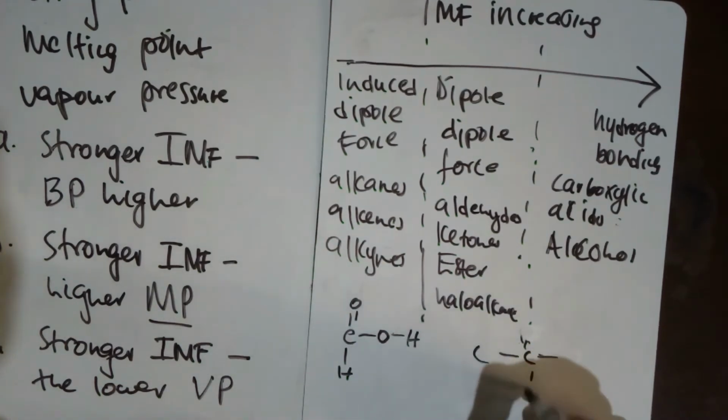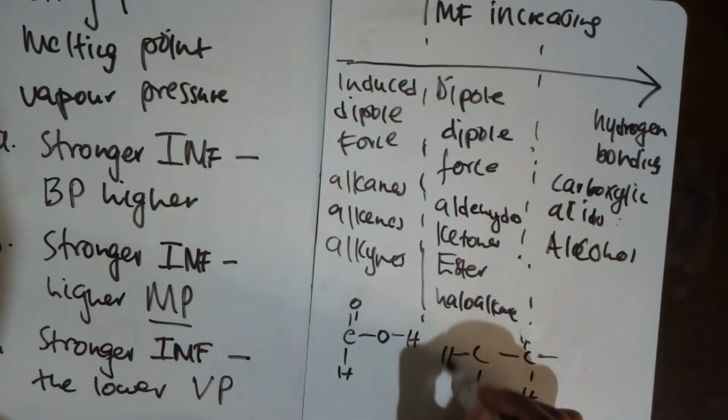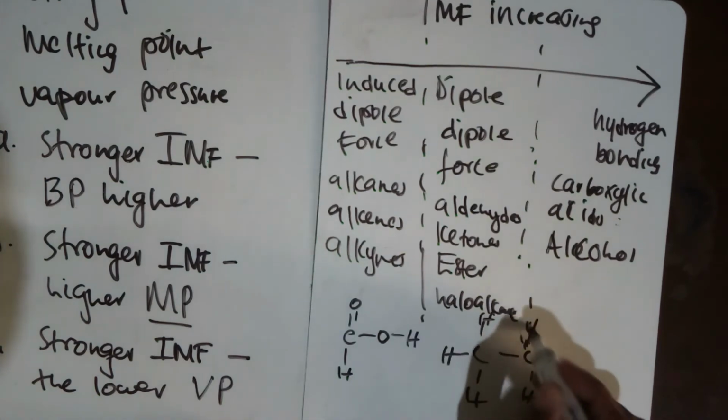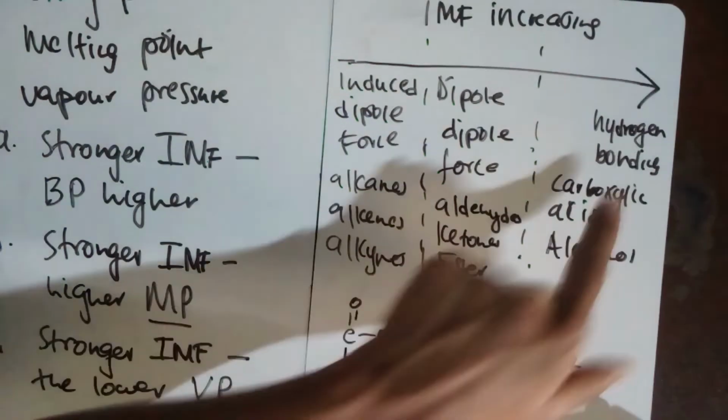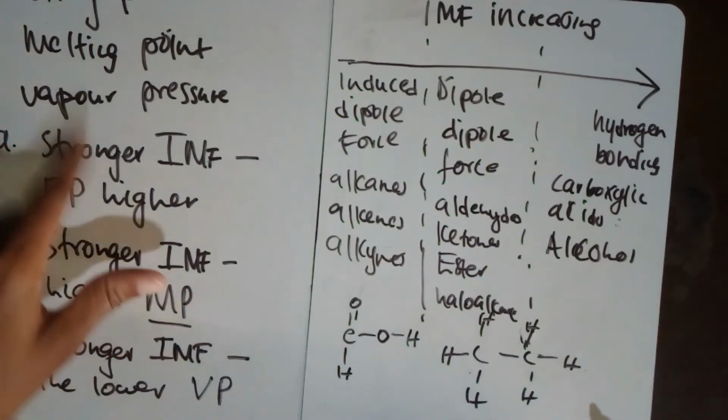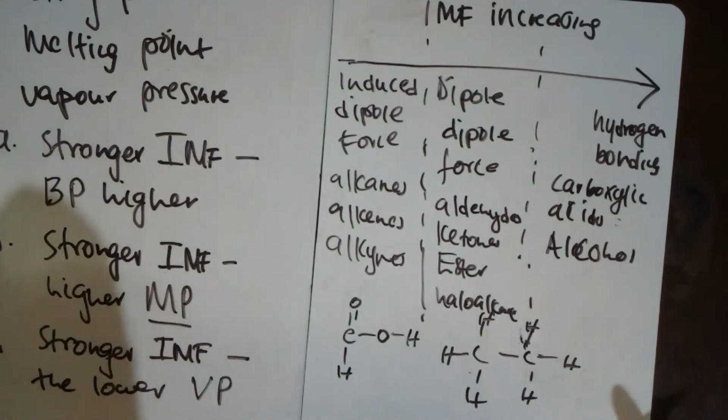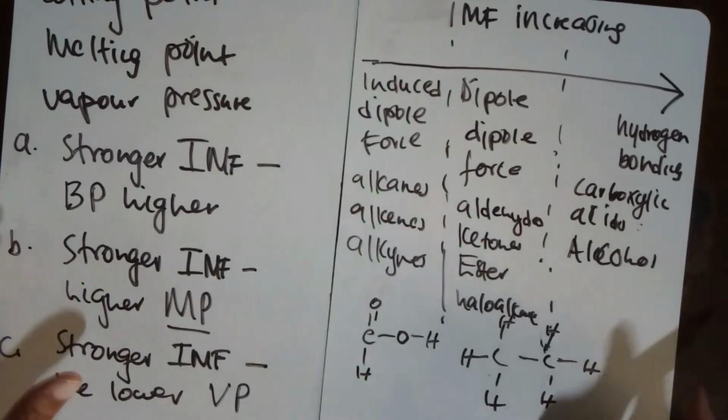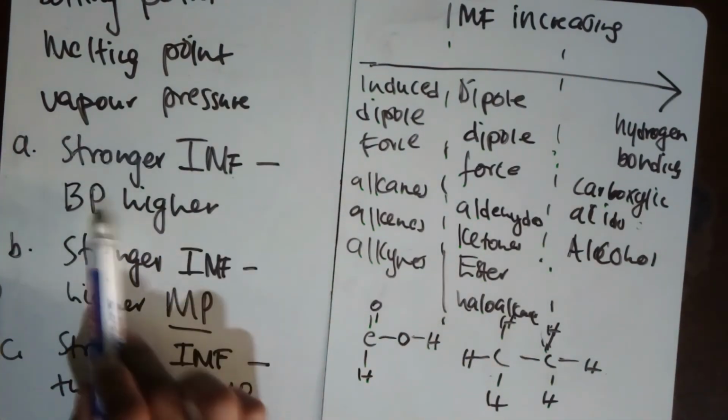Maybe they gave you an alkane, and the question said to you, which one between the two will have the highest boiling point? We know already that the stronger the IMF, the higher the boiling point.